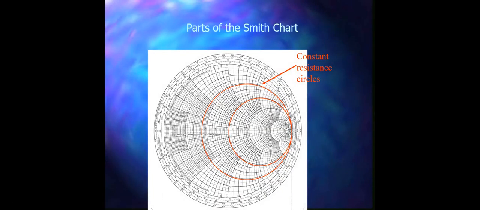Now here you see these circles, which represent the constant resistance circles, and they are shown like this.